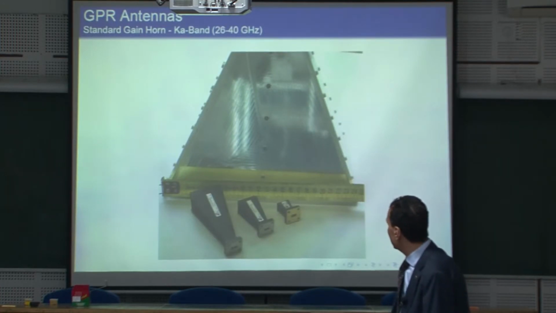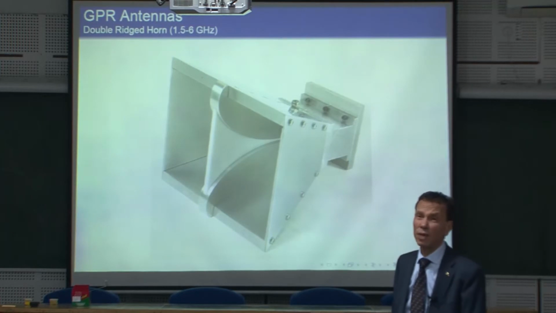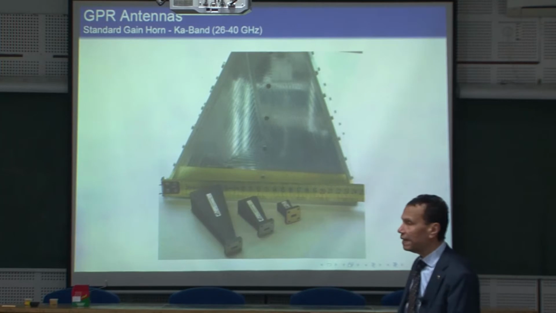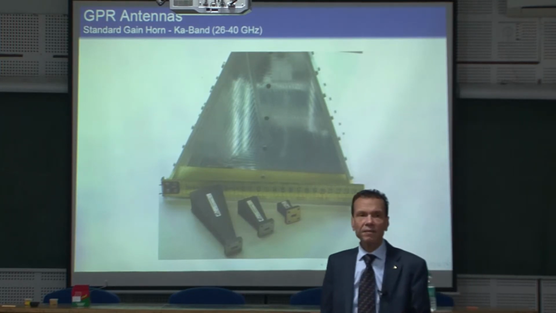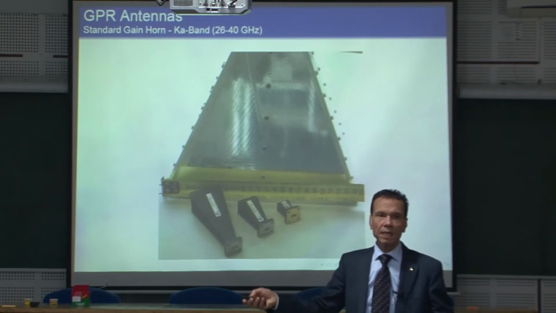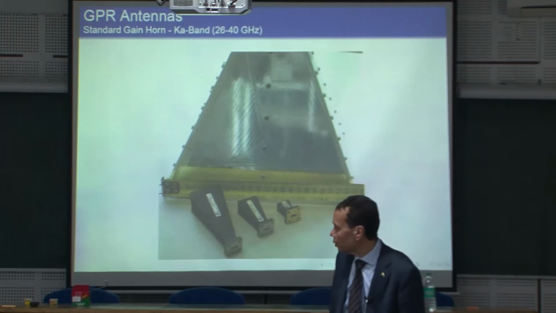Okay, these are the antennas we used. This is a ridged waveguide antenna, very, very wide band, because these antennas are nice in directivity if you have a big flare and big antenna aperture.